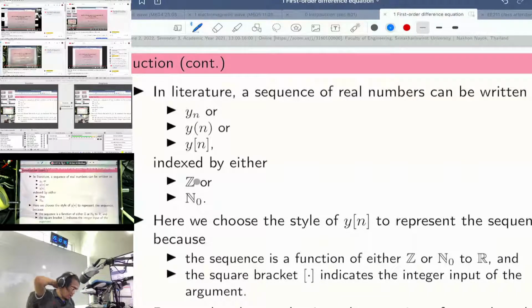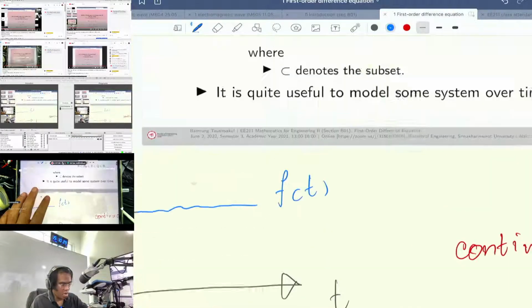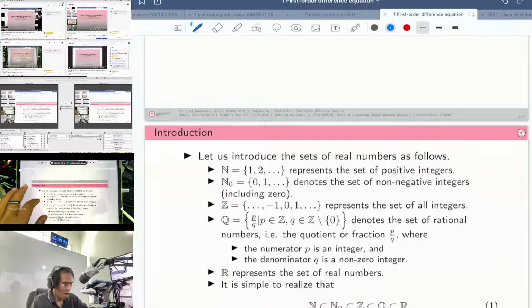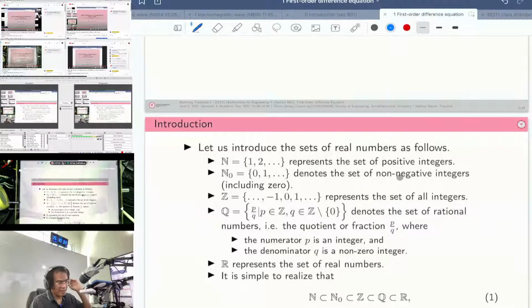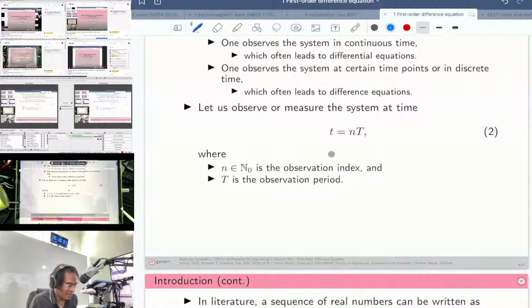N0 is the non-negative integer set, the integers but it includes also 0.